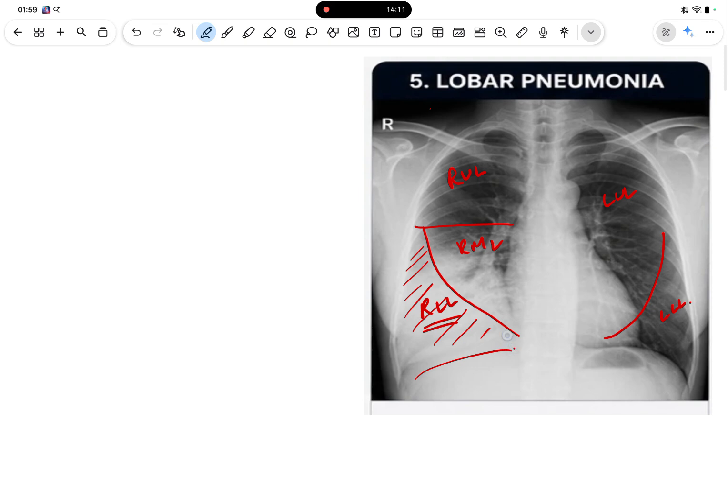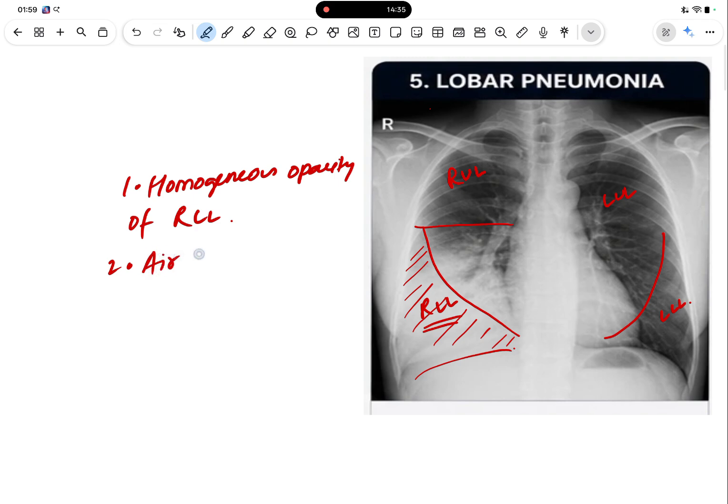There is opacity, but it is homogeneous in nature, as well as, so let us write one by one. There is homogeneous opacity of the right lower lobe, as well as there is an air bronchogram sign.